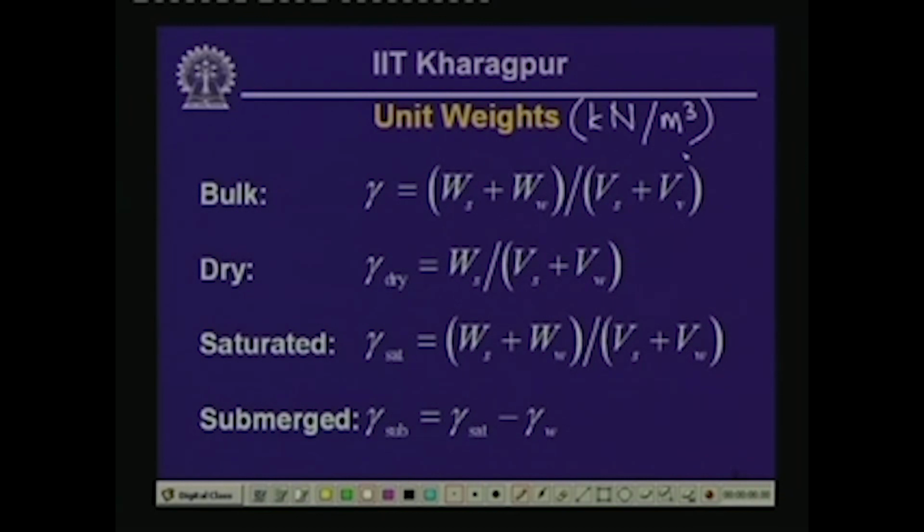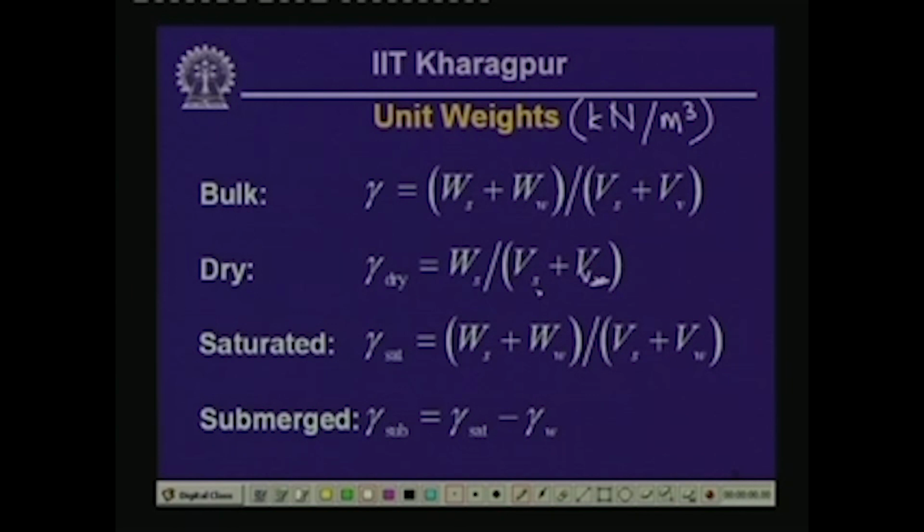Then dry unit weight, in this case we only consider the weight of the solid phase, and we divide it by the volume of the solids plus the volume of voids really. So, the denominator here should be volume of voids, not volume of the liquid phase.